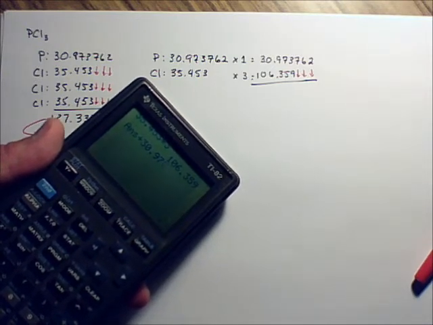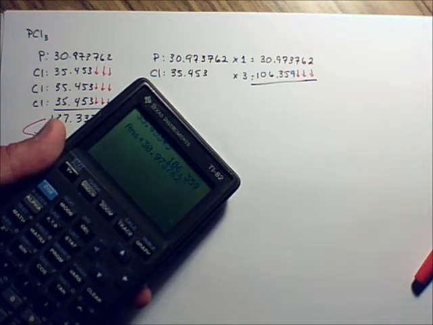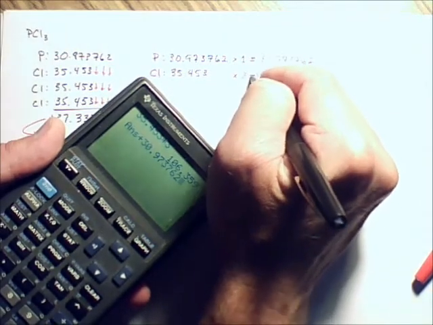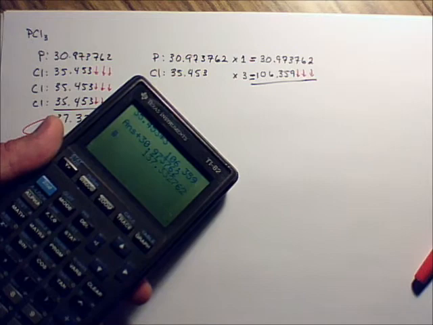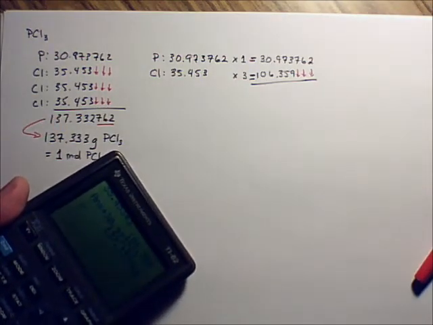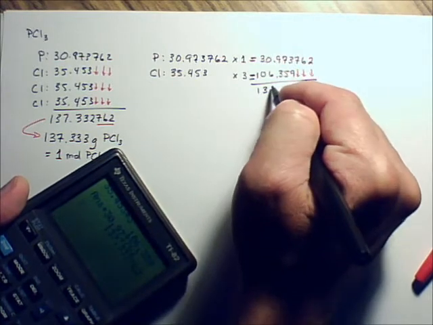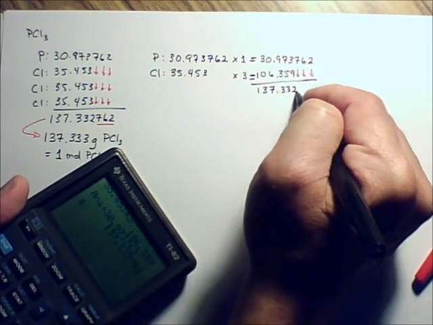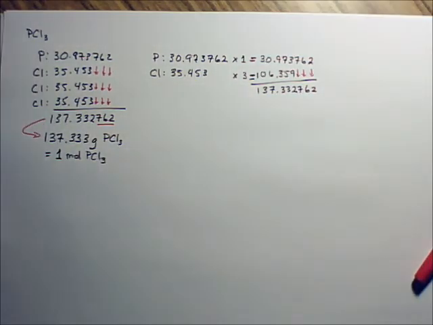So you don't write equals, you put a colon. No, I'm sorry. That's equals. So that's the same number we had before.